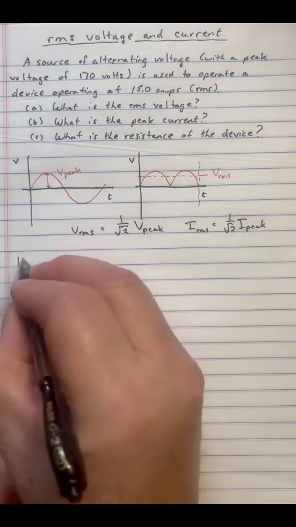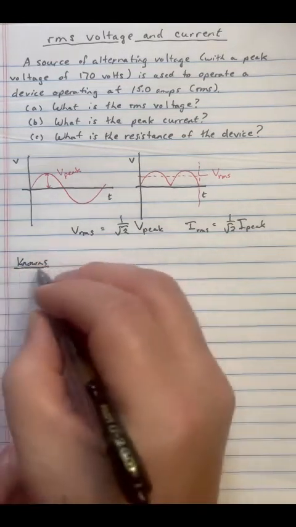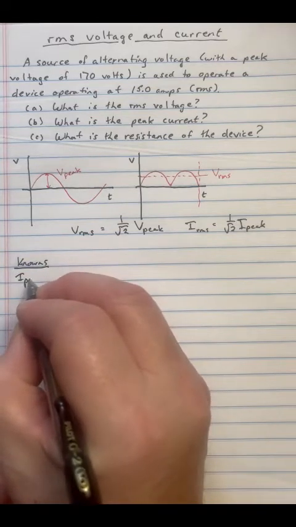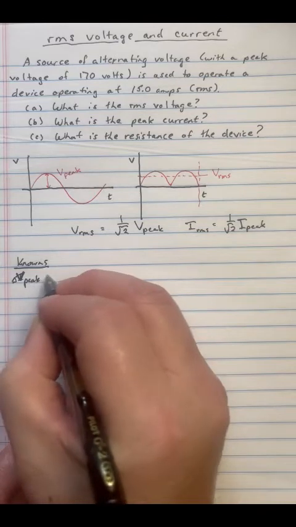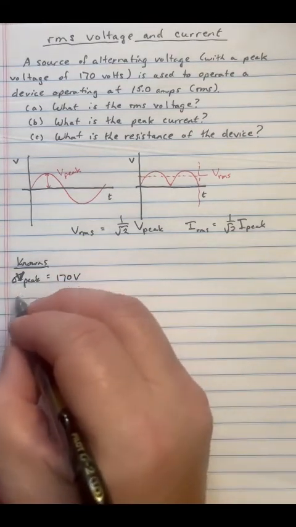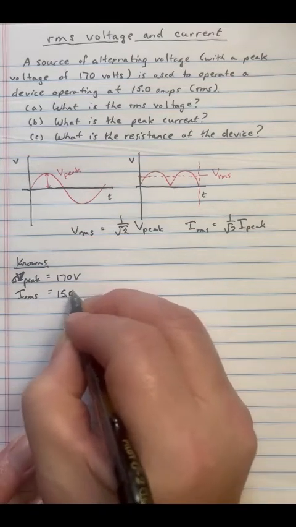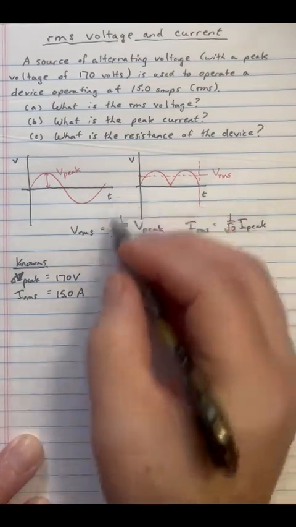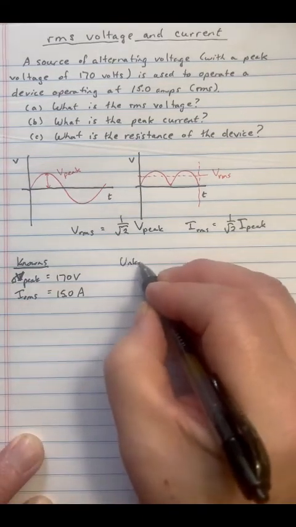Let's talk about some unknowns and knowns for our problem. So we are given that the peak voltage is 170 volts. We have a device operating at an RMS current of 15 amps. And our resistance, well, that's a question, isn't it? What are our unknowns then?